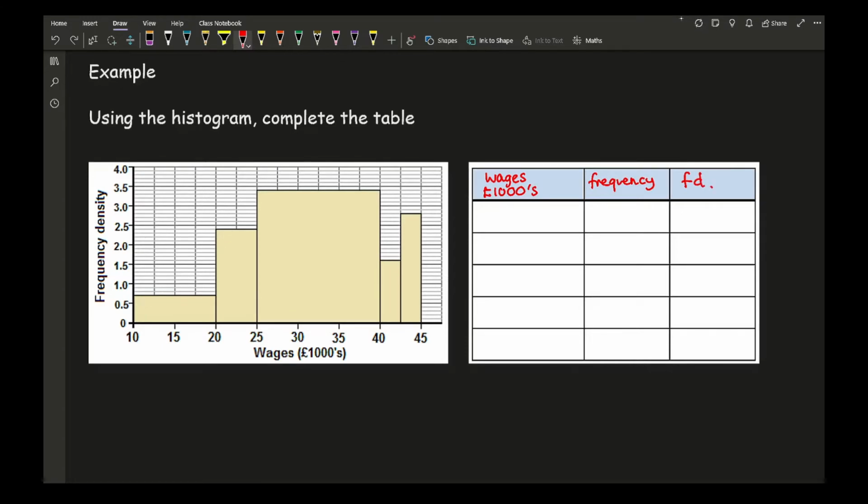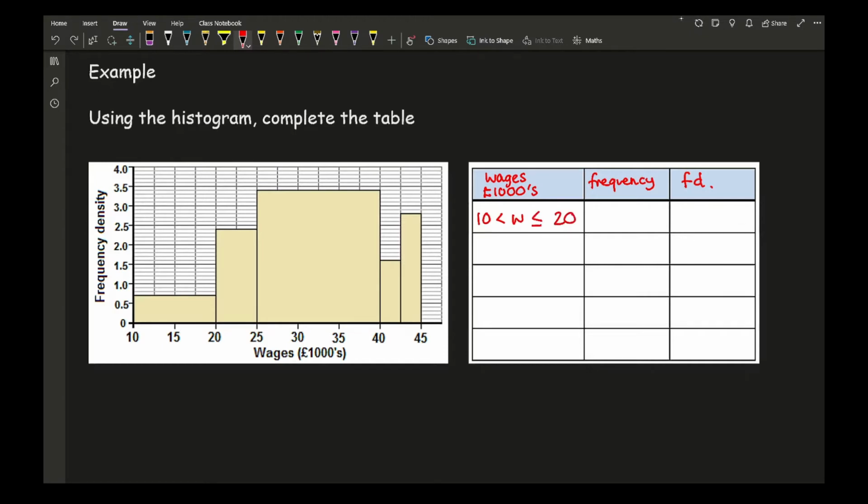Now, you might get some marks just for completing each of the columns. So what we're going to do first is the easiest, where we don't need to do any maths, which is just reading the widths of each of the bars. The first one is 10 to 15. We don't quite know what the inequalities are, so we can just guess.